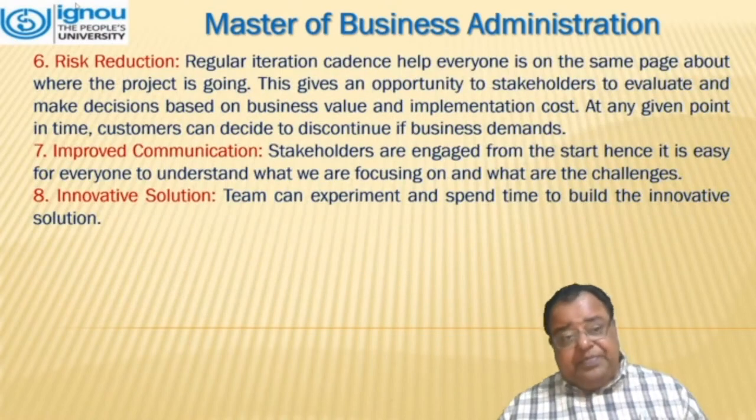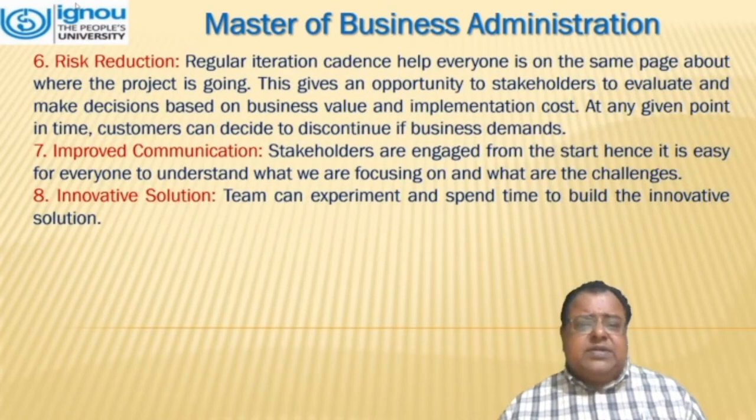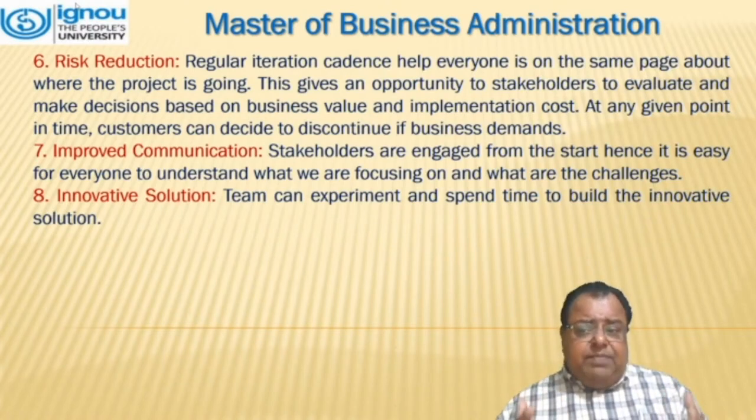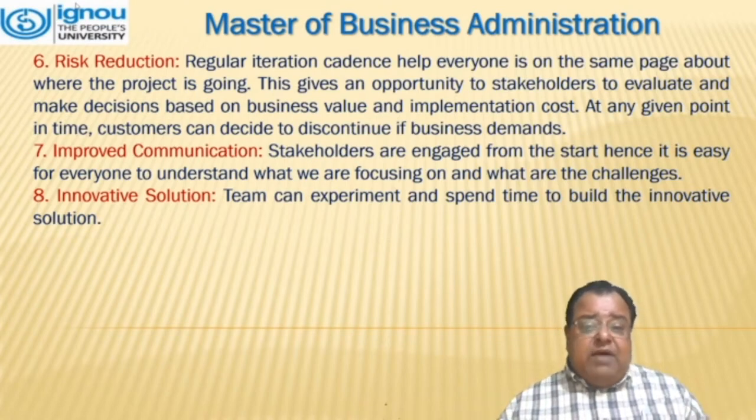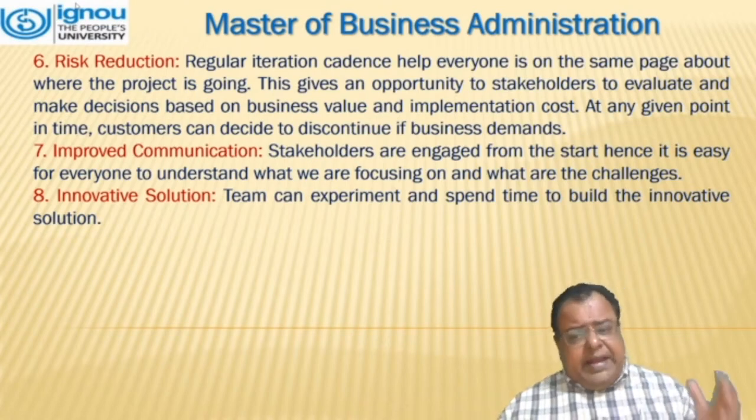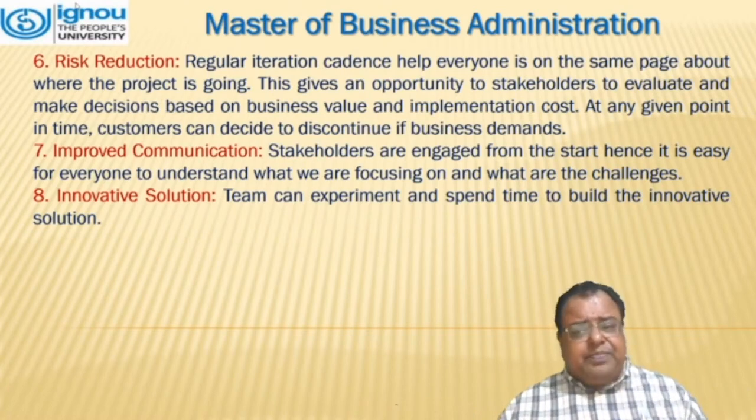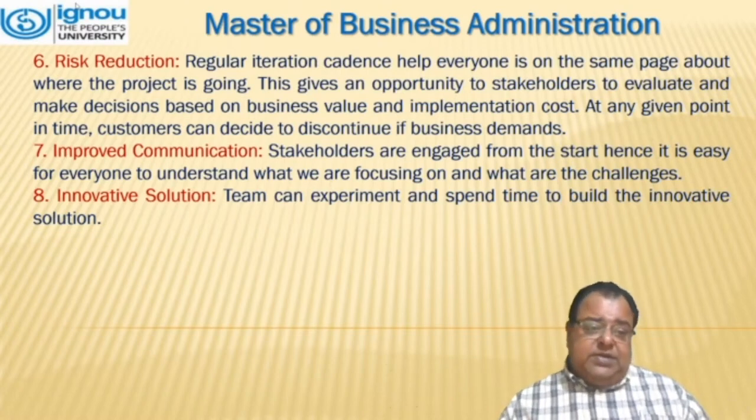Risk reduction. Regular iterations help everyone stay on the same page about where the project is going. This gives stakeholders an opportunity to evaluate and make decisions based on business value after implementation cost. At any given point in time, the customers can decide to discontinue if business demands.